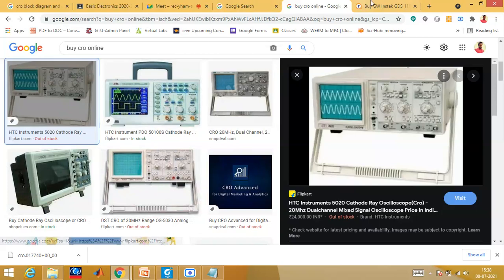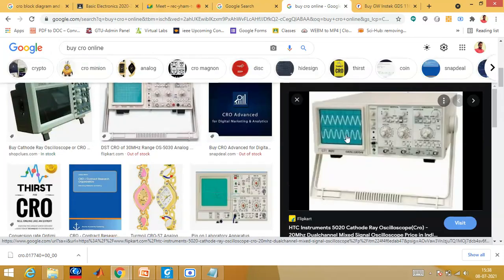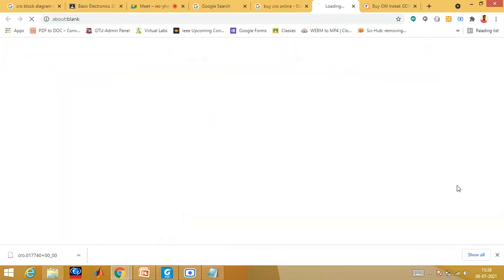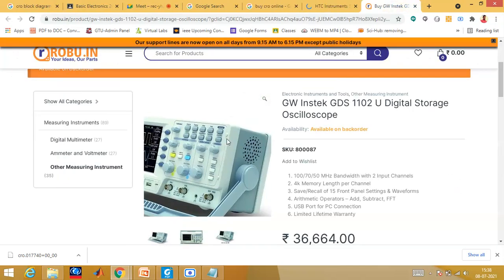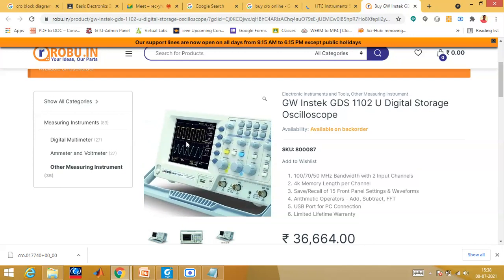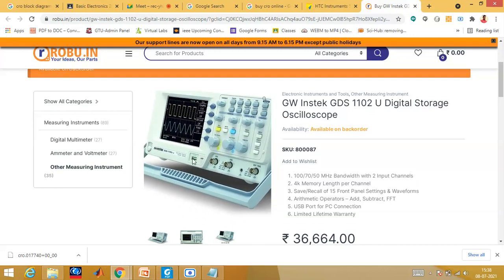Basically, in the laboratory we generally study a model like HTC, where we can see all these knobs. You can have different knobs with which you can control your signal. Now see, in a new one you can directly connect.